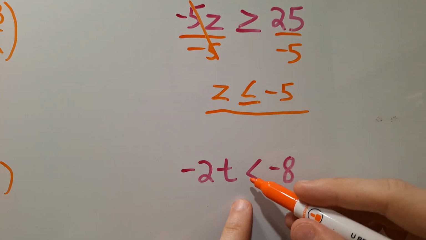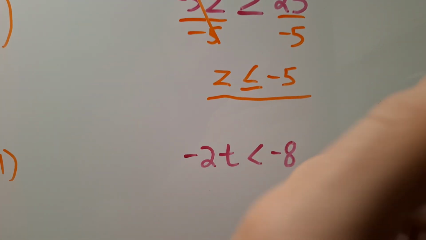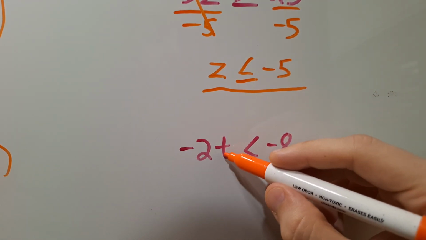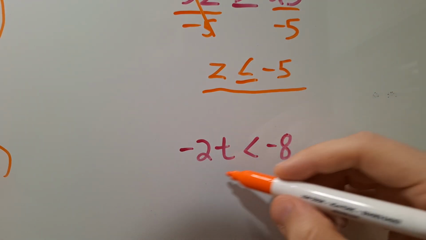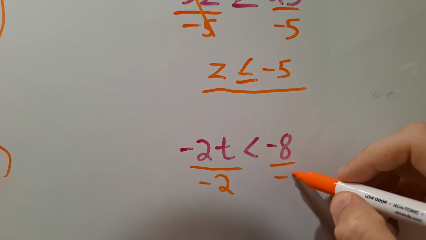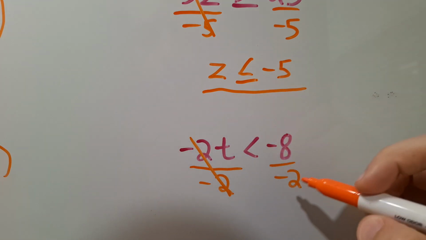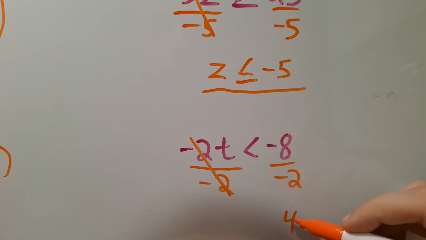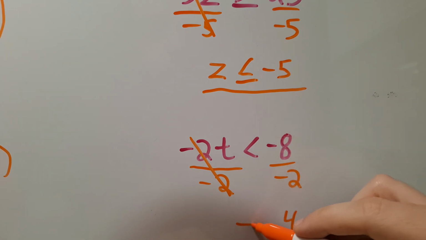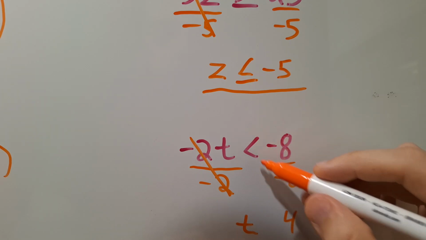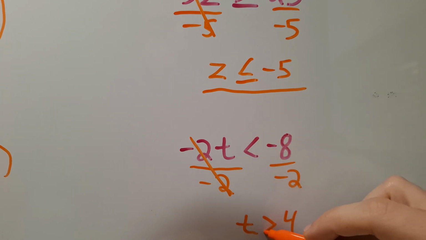One more, right here. Negative 2 times t is less than negative 8. Divide by negative 2. The good news is we have a positive number for the inequality, but that inequality symbol is no longer less than, it's now greater than.